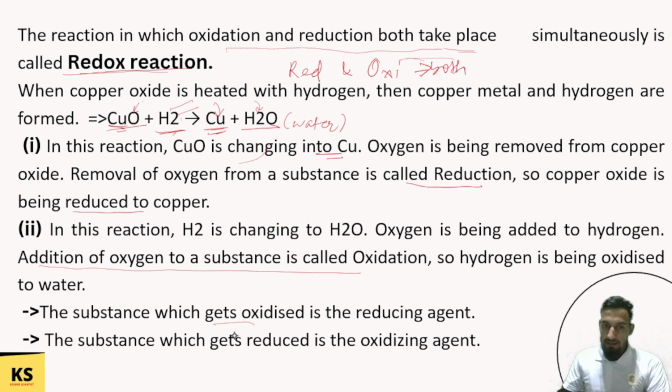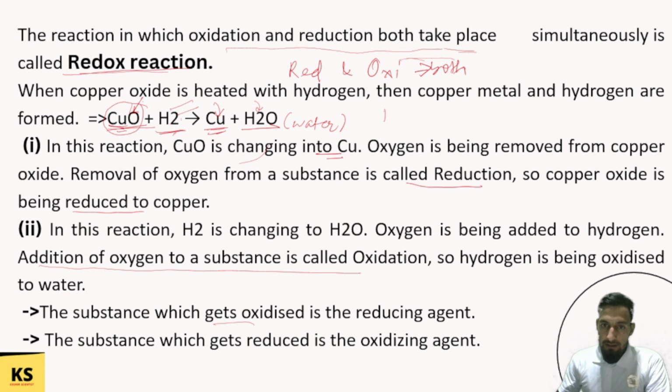And similarly, the substance which gets reduced is acting as an oxidizing agent. This CuO itself is getting reduced because there is removal of oxygen, and it acts as an oxidizing agent because it is providing the oxygen for oxidation to happen.